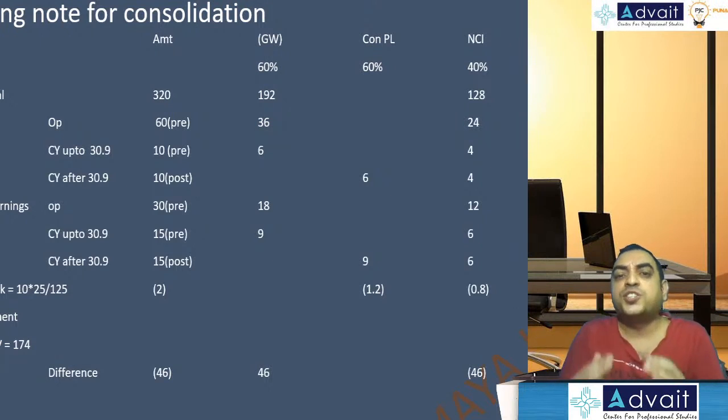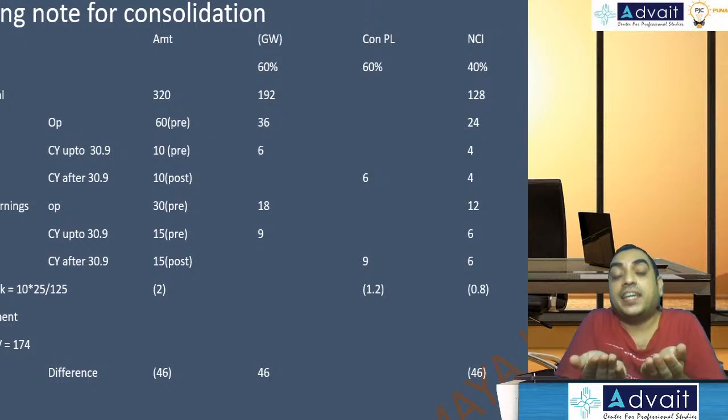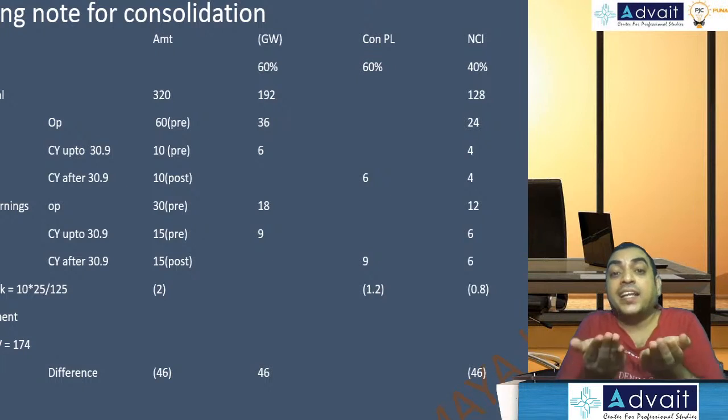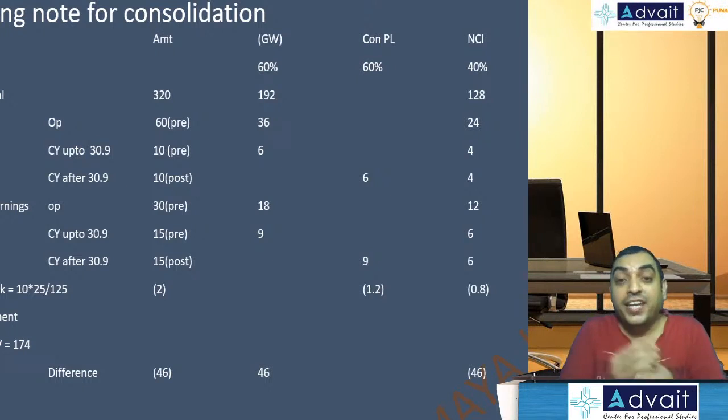If fair value is more, add in NCI, opposite in goodwill. If fair value is less, subtract in NCI, opposite in goodwill. So whatever treatment you want to do, do it in NCI. Fair value is more, add in NCI. Fair value is less, subtract in NCI.